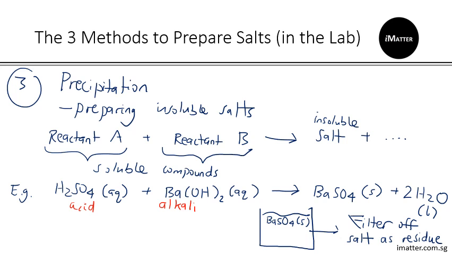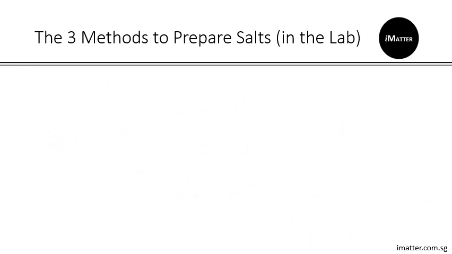Now let's look at another example. And here I shall let you know that for this precipitation method, you may use a reaction that is not mentioned as one of the 4 reactions earlier. Right. So in other words, the reaction involving precipitation may not involve an acid at all.